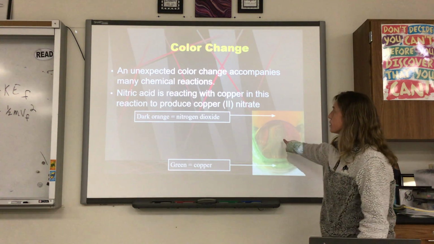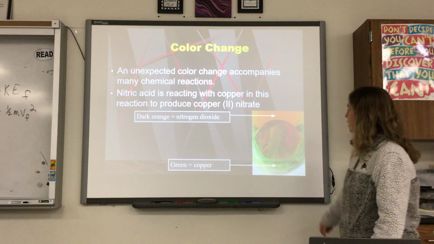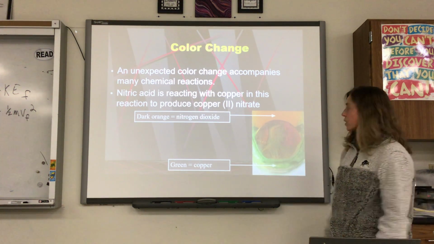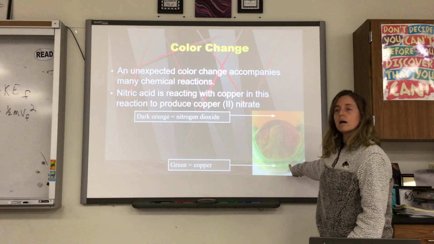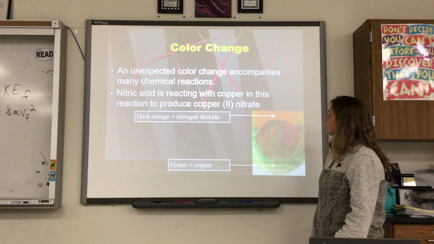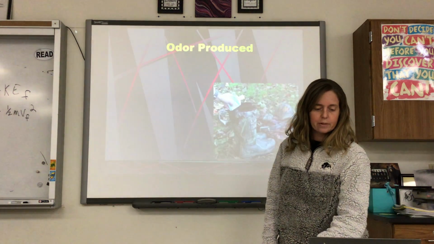So nitric acid is reacting with copper in this reaction to produce copper(II) nitrate. If you take a penny and you drop it in nitric acid, it's actually going to dissolve the copper. The copper is going to go into solution and make copper(II) nitrate, and then you're going to be left with nitrogen dioxide, which is a gas.